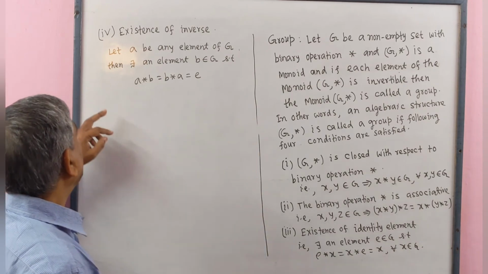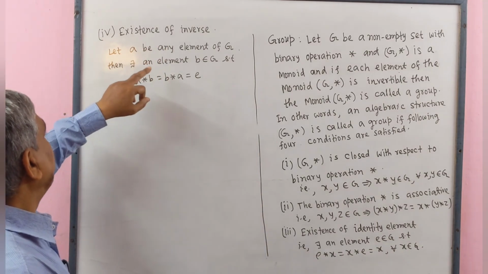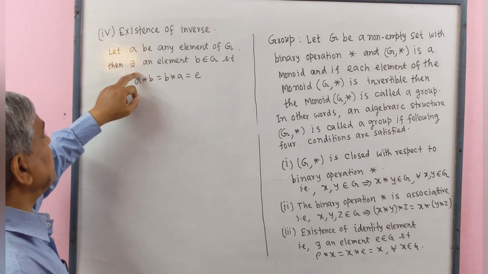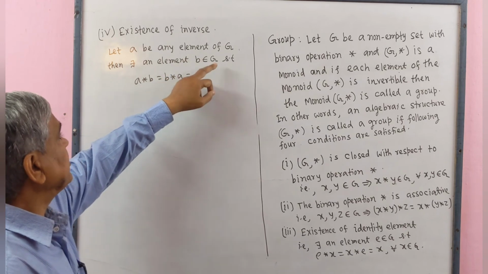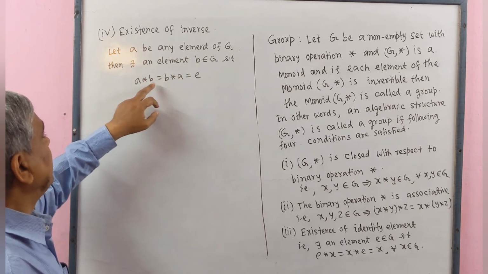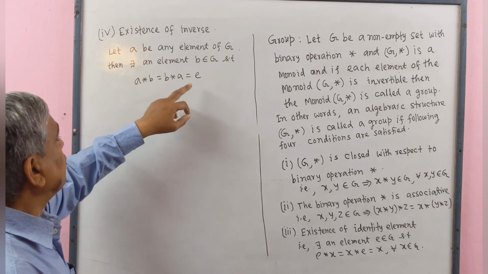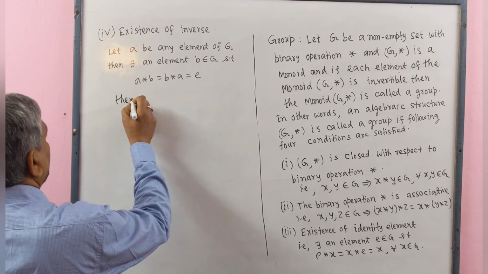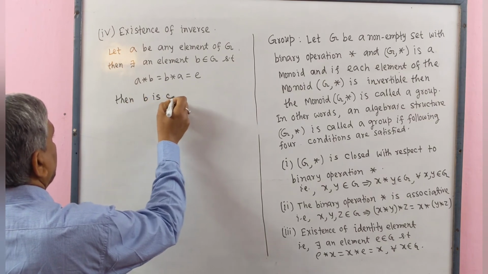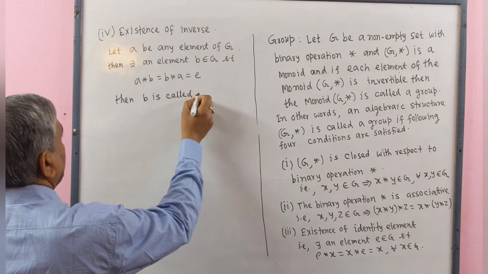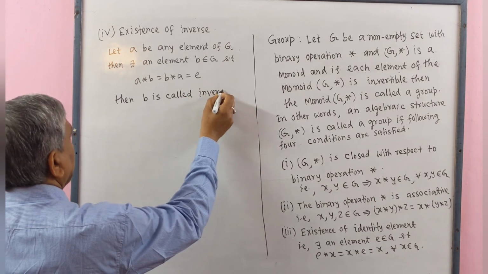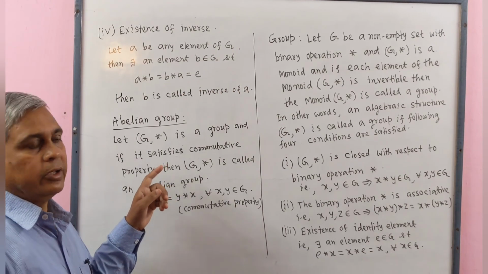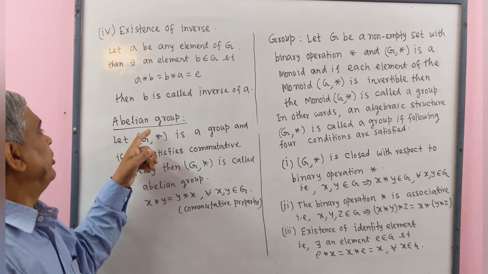Number four, existence of inverse. Let A be any element of G, then there exists an element B belong to G such that A operation B equal to B operation A equal to E, then B is called inverse of A. Now we discuss about the new algebraic structure.